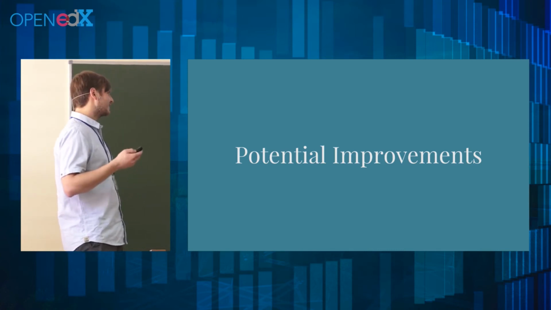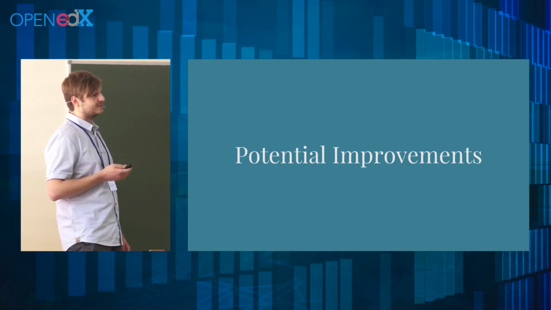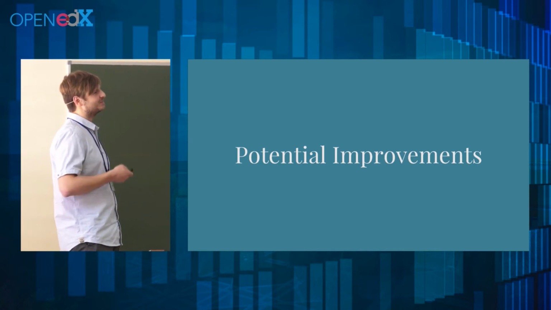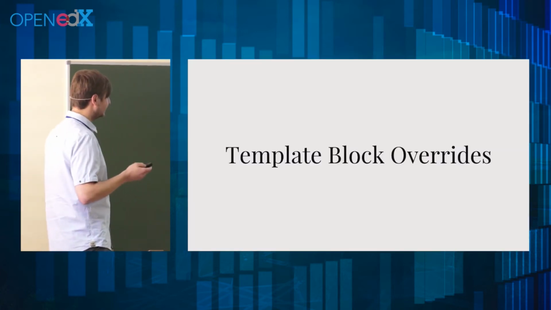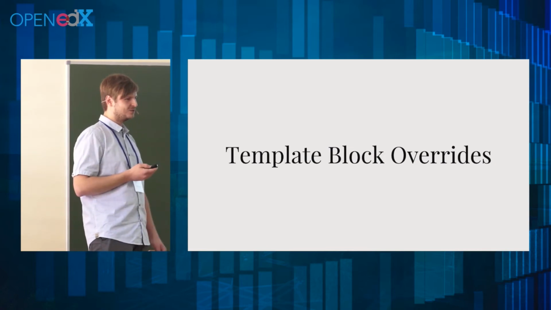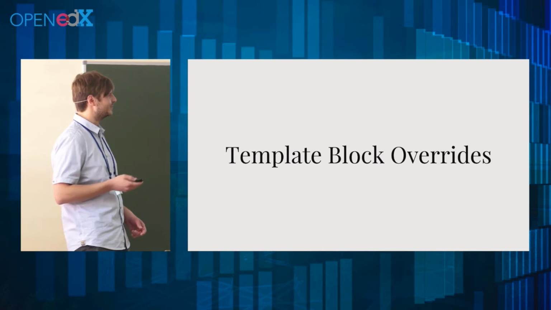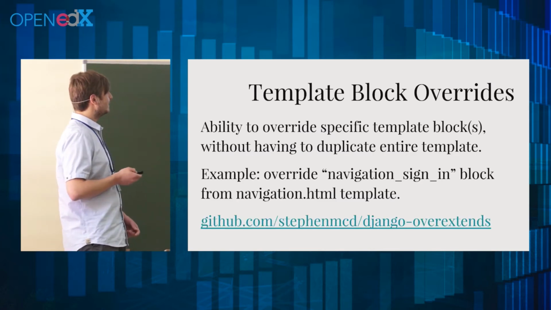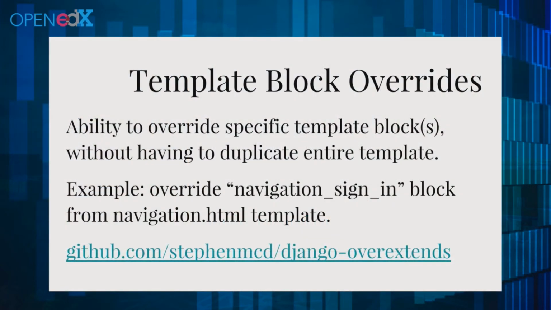And there are some potential improvements that I think would make theming easier, especially from the maintenance perspective. The first is the ability to overwrite named blocks in Django or Mako templates. Currently, you cannot overwrite a single block from a template.